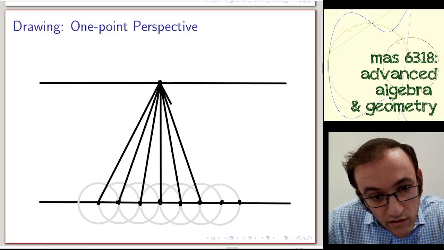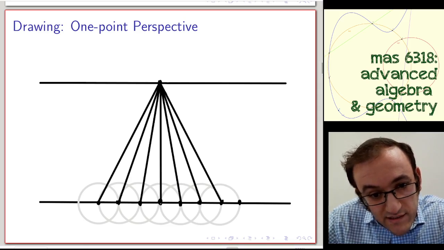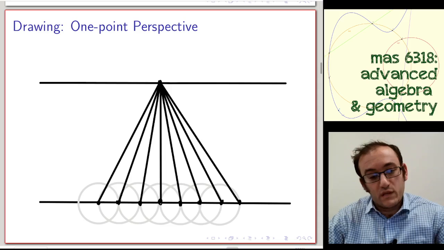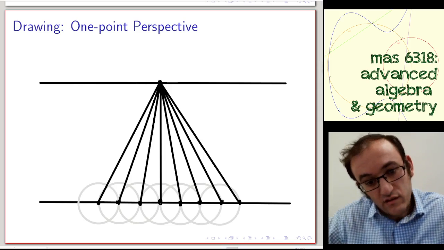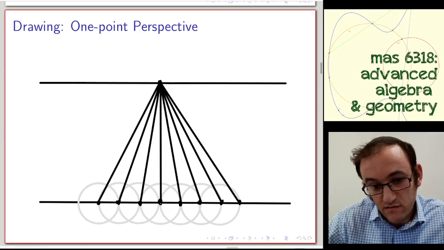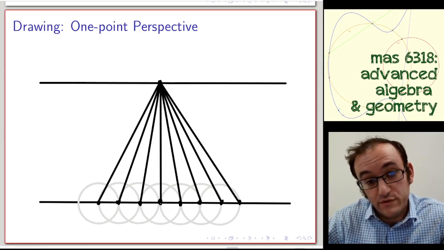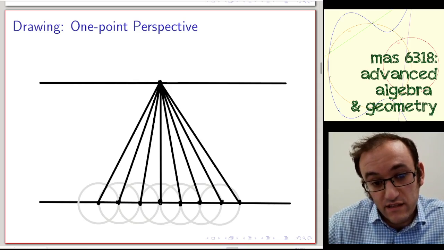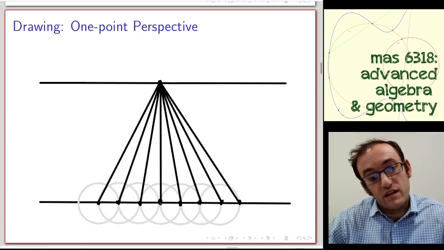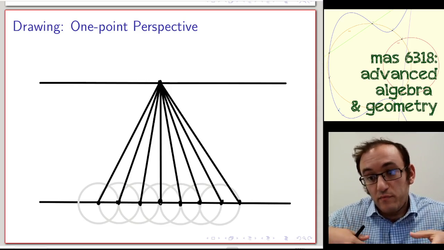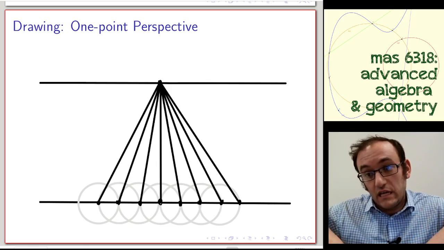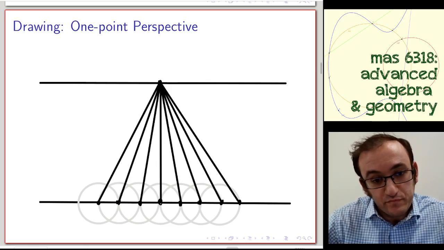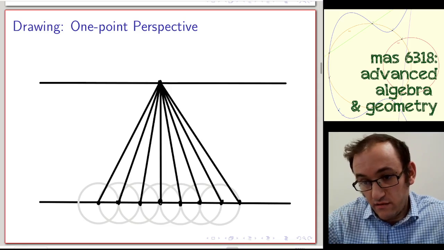Well, let's undo that. We really want them to meet at the same point. Okay, so now we have a bunch of equally spaced points on the line close to us, and they meet in the far distance, the line at infinity. So the implication at the point at infinity, the implication being these are all parallel lines which meet at the horizon.